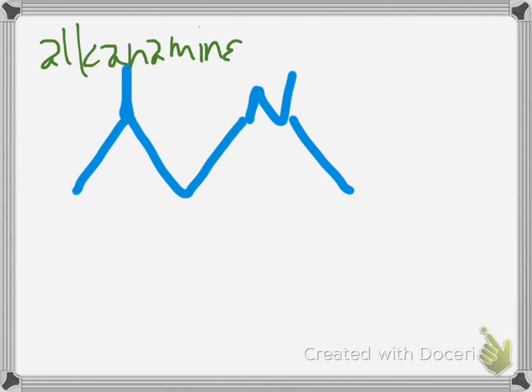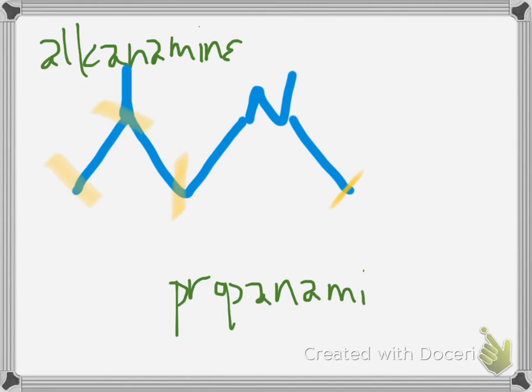And it's going to be the left side, because it has 1, 2, 3 carbons in the longest containing chain, whereas this one only has 1 carbon. Since it has 3 carbons, if it was an alkane, it would be called propane. However, we drop that terminal E and add the amine ending. So this is a propanamine.